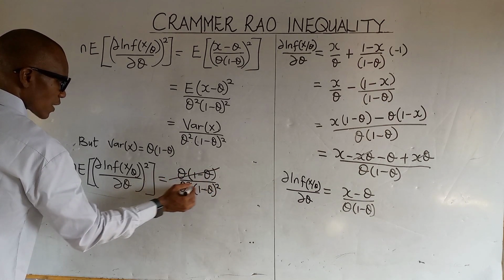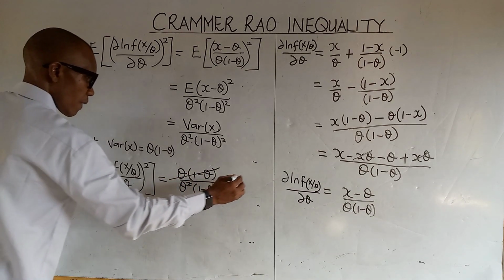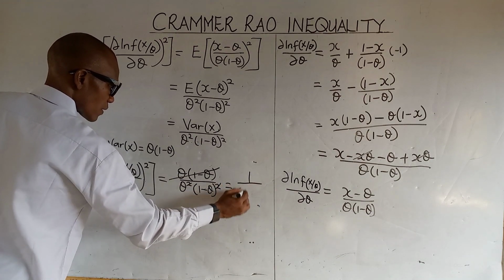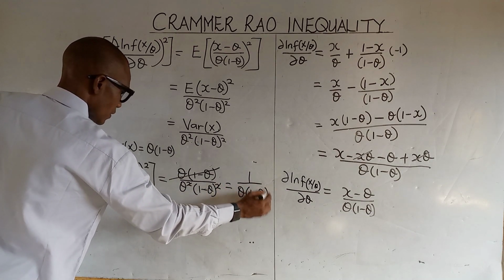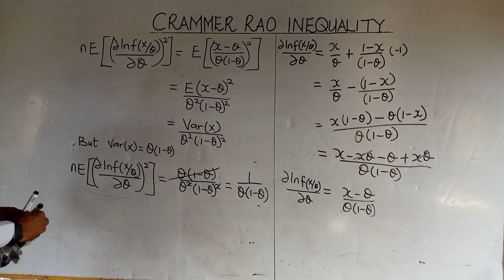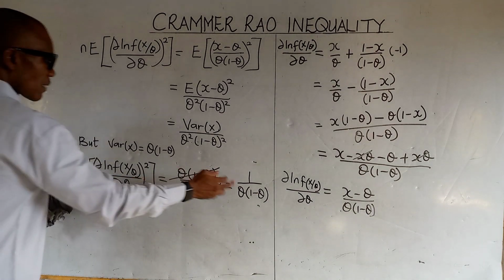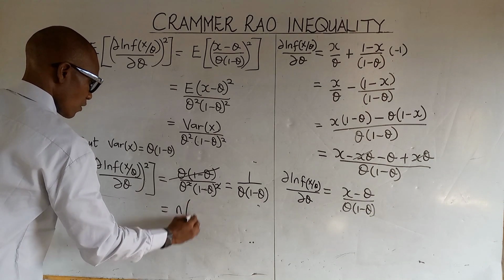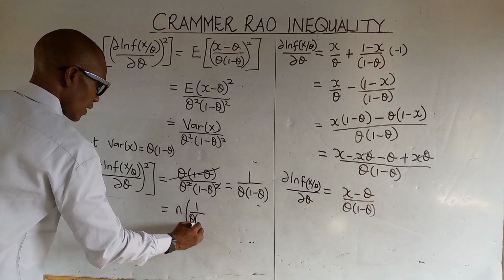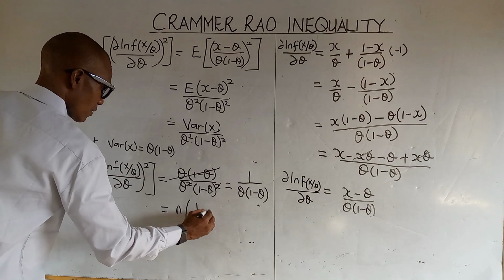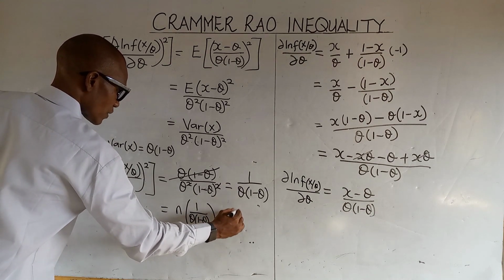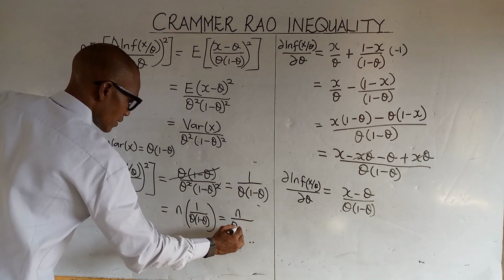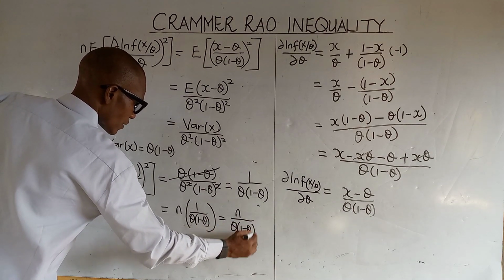So the whole of this will cancel this to give us 1 over theta (1 - theta). So if we now multiply with our n, we will have n over theta (1 - theta).